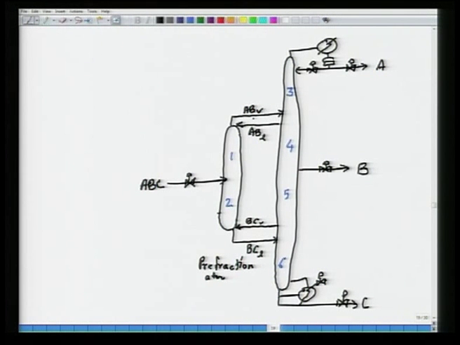How much side draw I am taking will again be in my hands. So, let me draw this. How much vapor I am taking will again be in my hands. So, let me draw this.